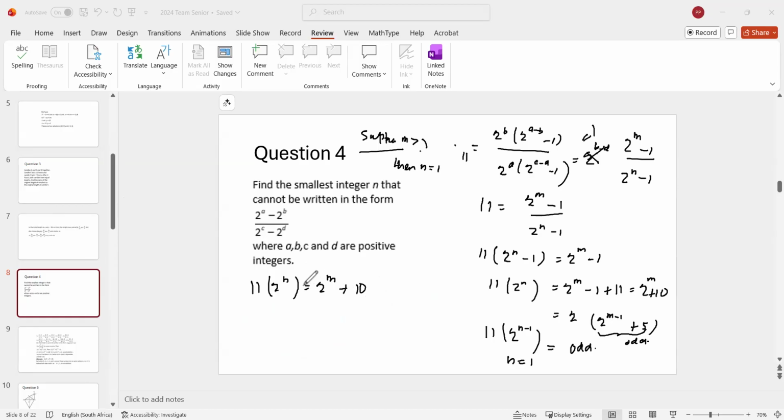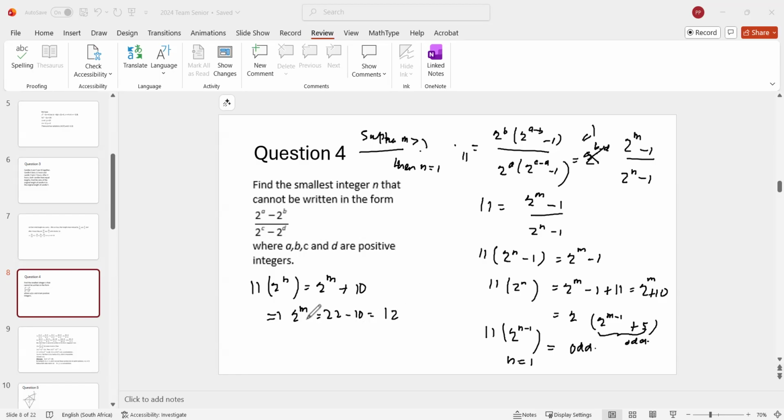Right? That's the equation that links m and n. So n is equal to 1. If n equals 1, then this part is 2, and you get 11 times 2 is 22. And then you have that 2 to the m is equal to 22 minus 10, and that's 12.